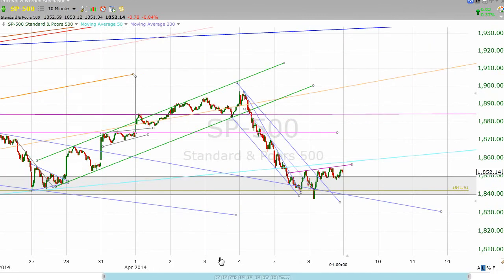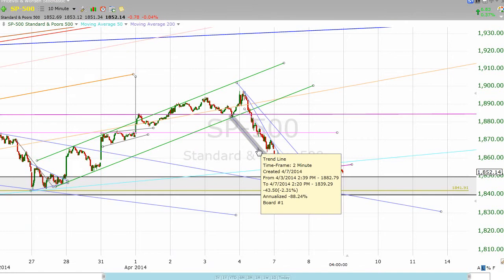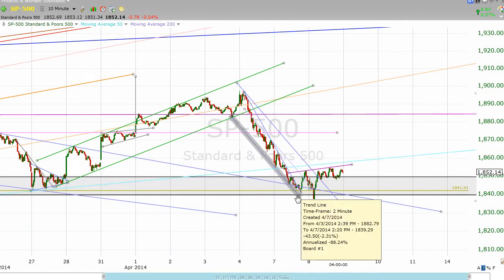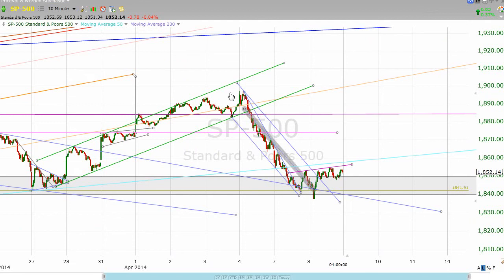I mentioned yesterday that we had a well-established support line right here. Even though this is almost a straight line move down, I know it's kind of hard to think of what we've seen over the past 2 days and say that there is support.